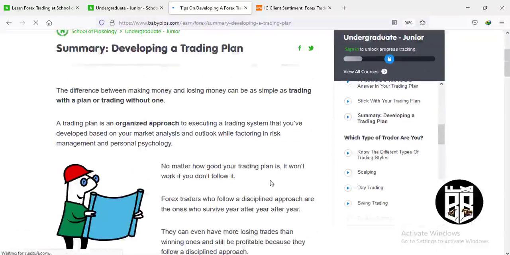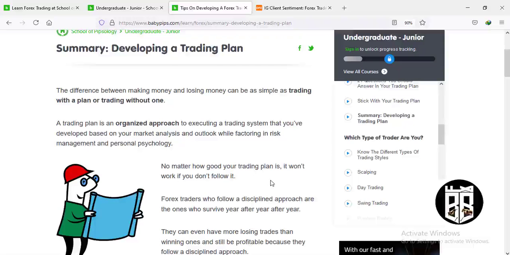All right, so here we are on developing a trading plan summary. First of all, you have to know that there's a difference between justified wins and unjustified wins. There's also a difference between making money in the market and losing money. Now, what about a trading plan?